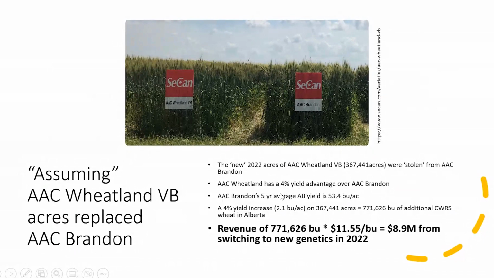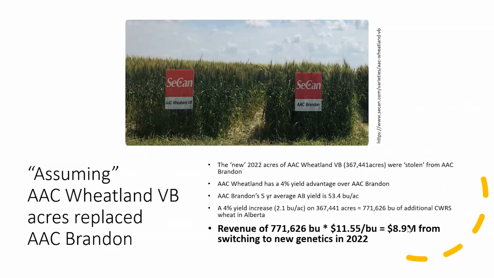We see that 4.1% increase equates to 2.1 bushels on farm, and that is an additional 771,000 bushels of CWRS wheat being grown in Alberta, equivalent to nearly $9 million from just switching to new genetics. So this is just a big picture overview of how important it is to select a variety for all these multiple traits for your specific geography.